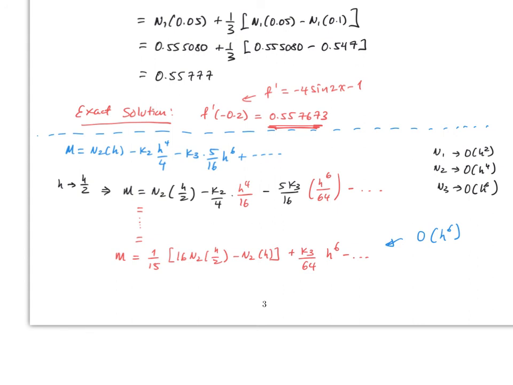So just to be clear, this part now is going to be called N3 of h. So therefore you can say that now the new M is equal to N3 of h plus or minus big O of h to the 6. And now we are done.